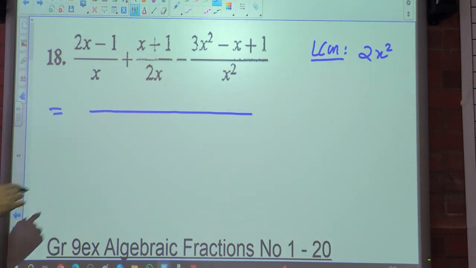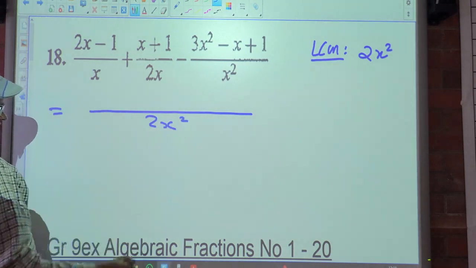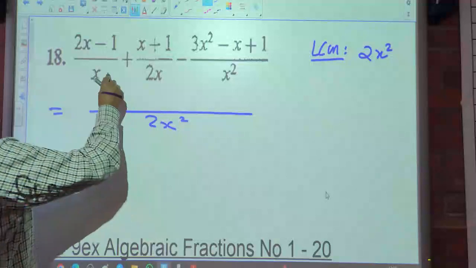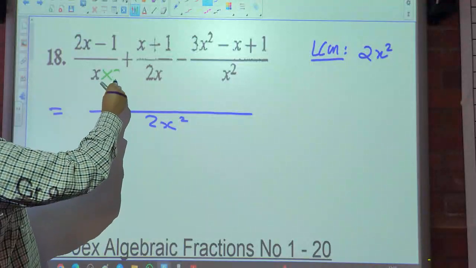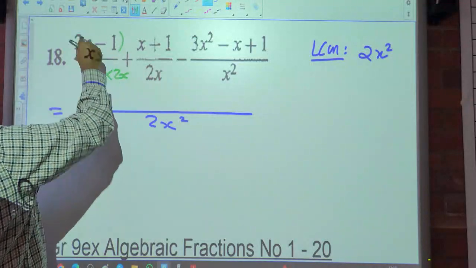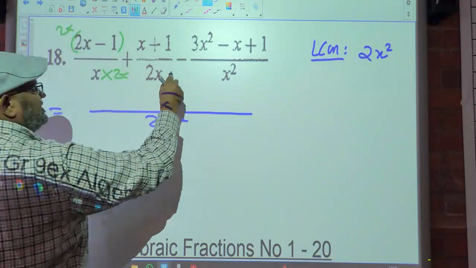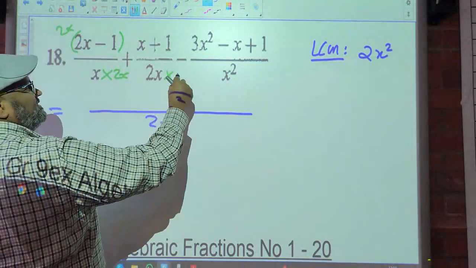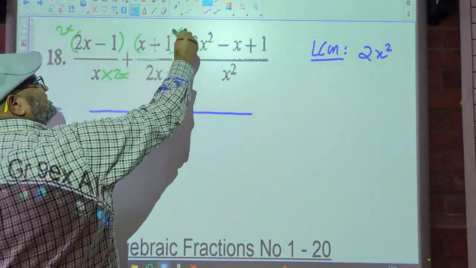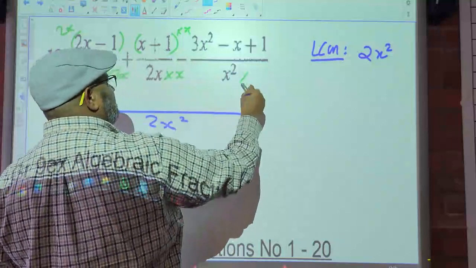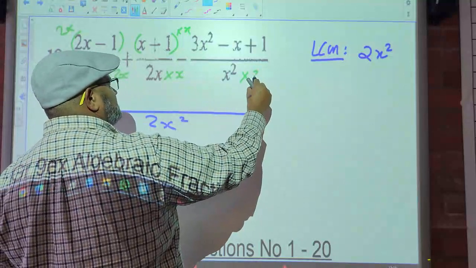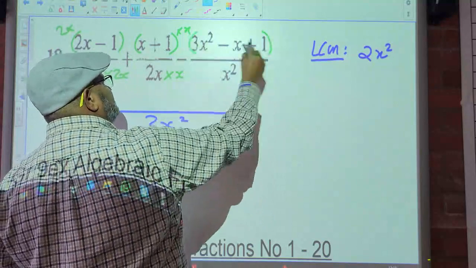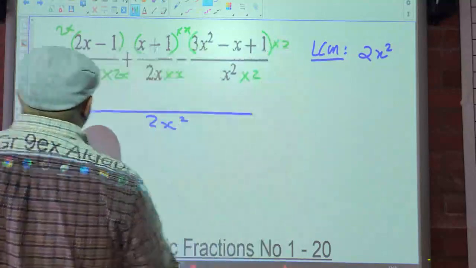Alright, so it's 2x squared, and that's absolutely correct. So what must x be multiplied by to get 2x squared? The numerator also by 2x. What multiplied by x squared gives 2x squared? 2.